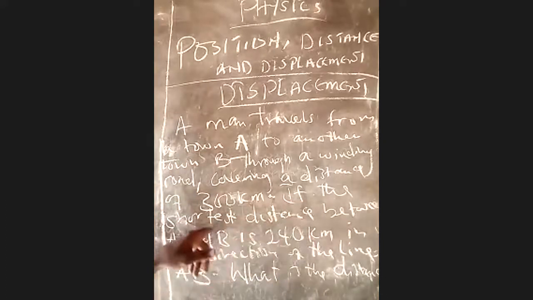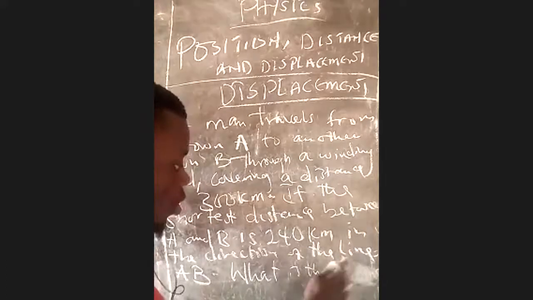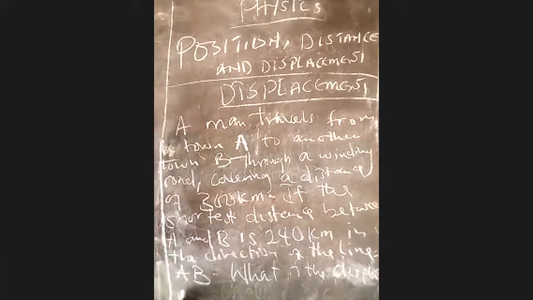If the shortest distance between A and B is 240 kilometers in the direction of the line AB, what is the displacement?